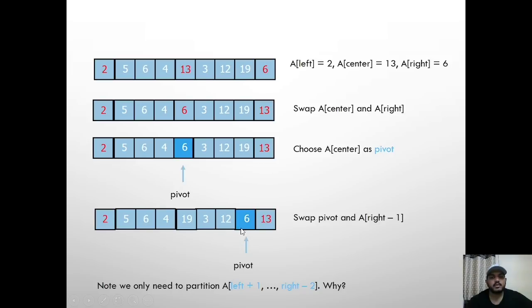The point to be noted is we only need to partition A of left plus 1 to right minus 2.